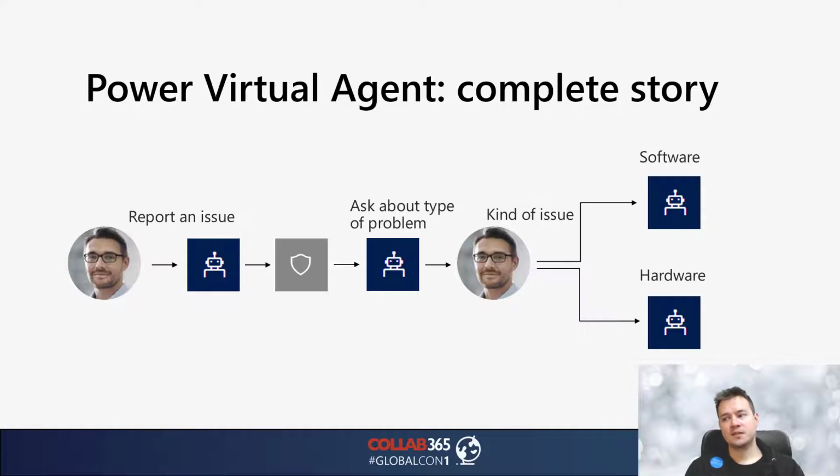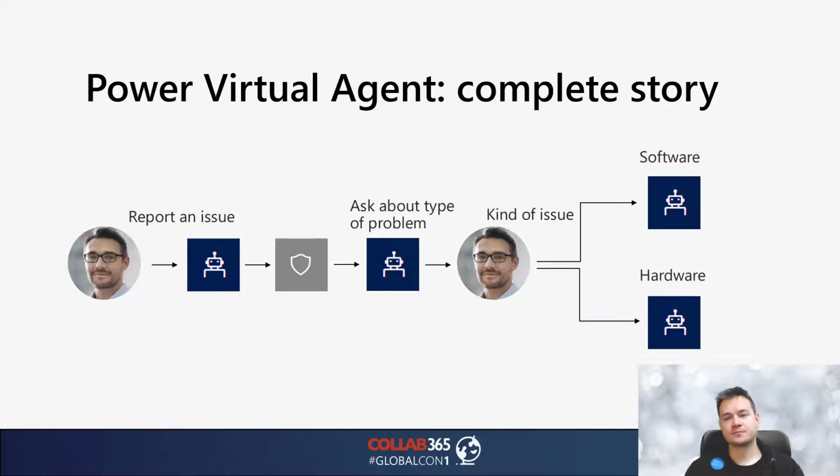The help desk is for internal employees, so not a case for customers reporting issues in a product they buy. The logic in this help desk, the flow of the conversation of this bot, is as shown.